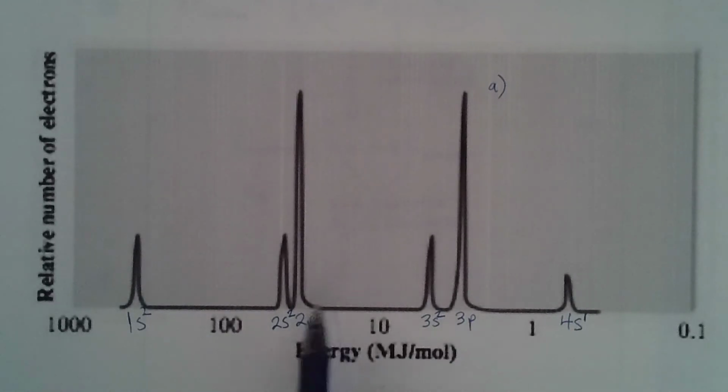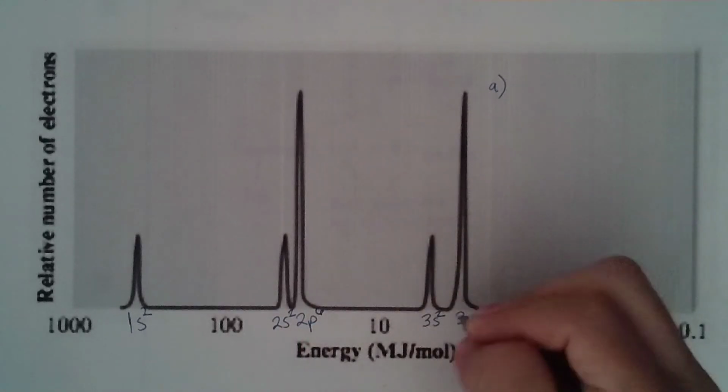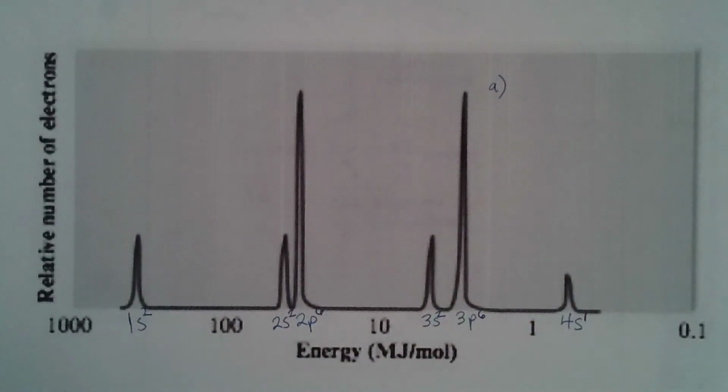We can apply a similar concept to the p orbitals. We have the 2p and the 3p orbital, both the same height. Once again, safe to assume that the orbitals to the left are full, and so we can assign 6 electrons to those.